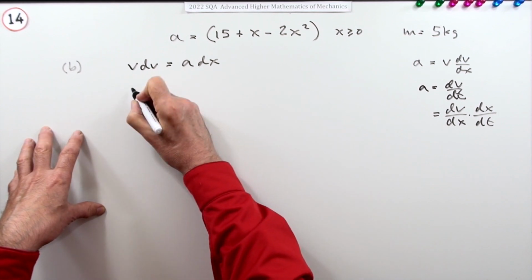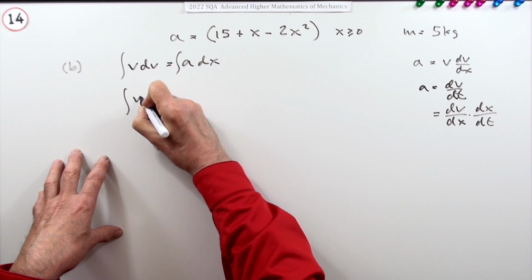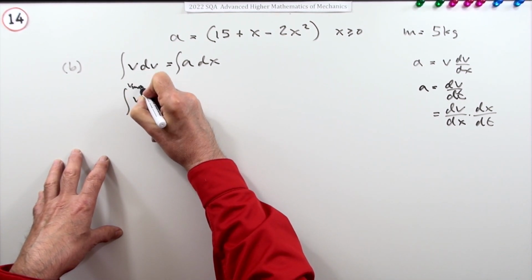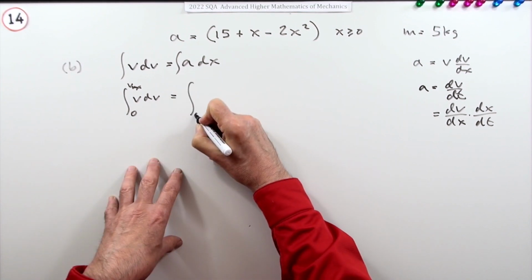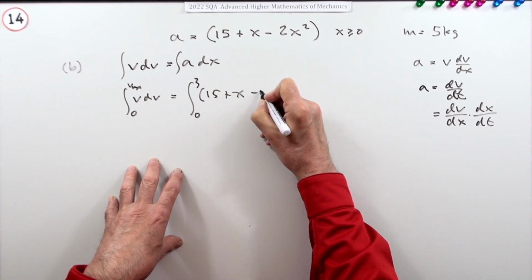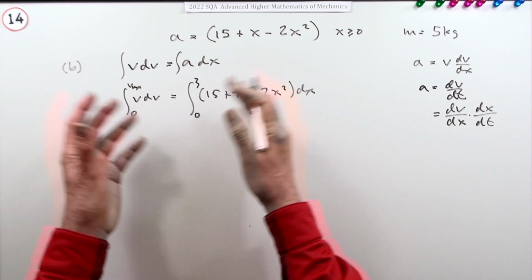So what you would have here would be just integrate that up. So you'd have the integral of v dv from 0 to whatever v max is, would be the integral, and the x's went from 0 to 3 of 15 plus x minus 2x squared dx. That would have been, well, there would have been 5 marks for doing this.